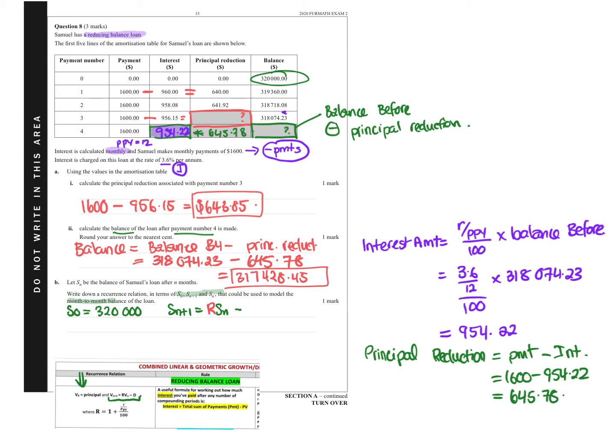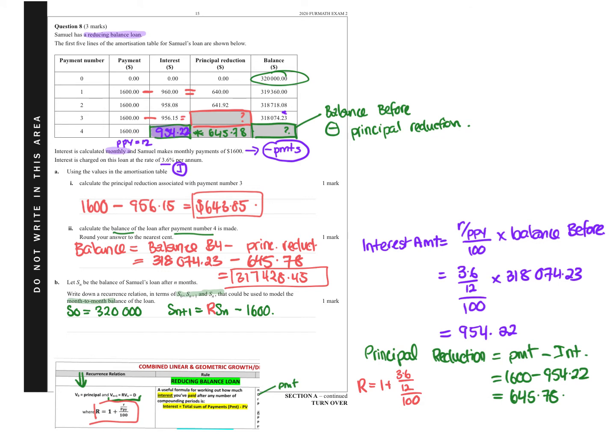If you have a look, I probably deleted it over here, but D says payments. So we do know the payments are 1,600. So we'll say minus 1,600. But we also need to work out this R value, and you can see you've got a formula right here for the R. So if I just work it out over here, R would be 1 plus the rate per annum, which is 3.6 over 12 over 100.